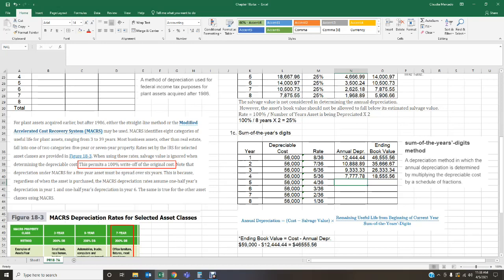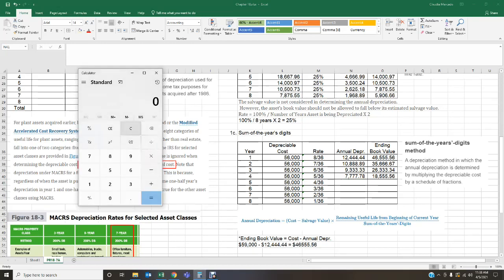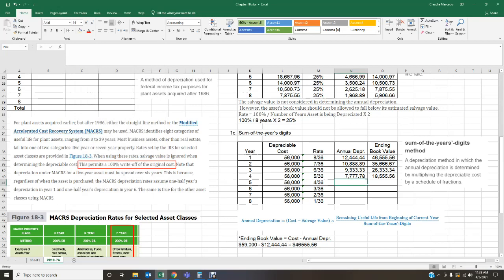For year number 5, we're going to get the 56,000. And I'm going to multiply by 4 over 36. And that gives me 6,222.22. Okay, so we just multiply the depreciable cost times the rate.